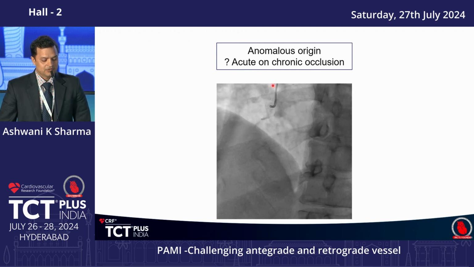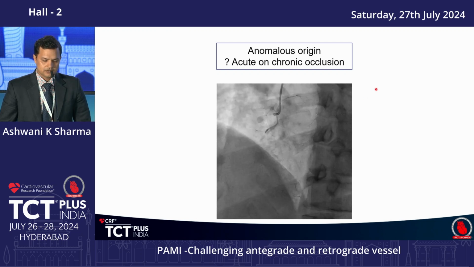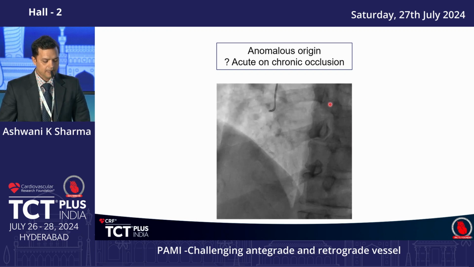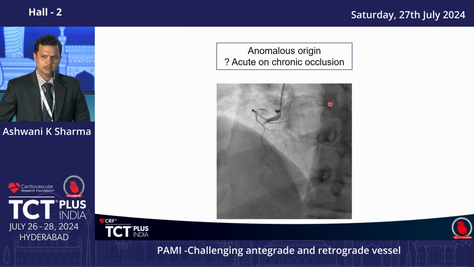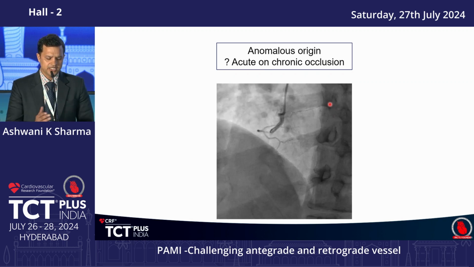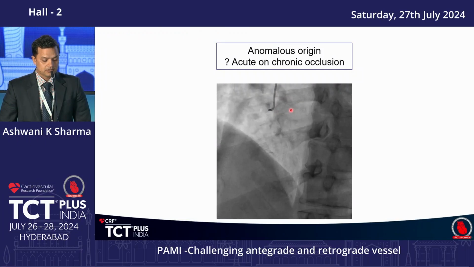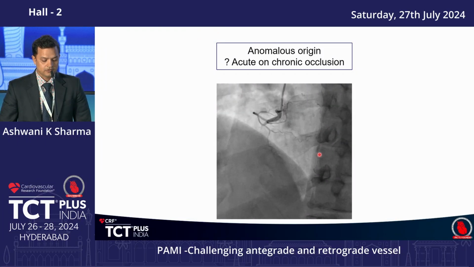In the RCA, it was anomalous in origin and totally occluded, with retrograde filling from the LAD, and the PLVB was filling. The flow was converging into the proximal PL branch both from the PDA as well as directly from the collaterals. Also, we can appreciate that the conus branch is giving flow to the LAD.